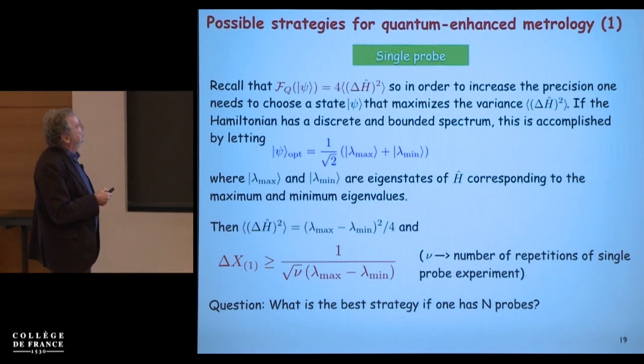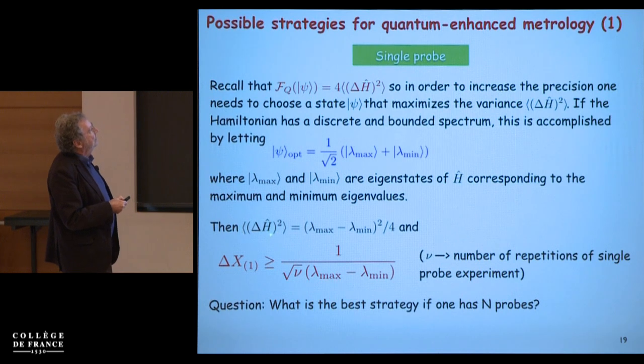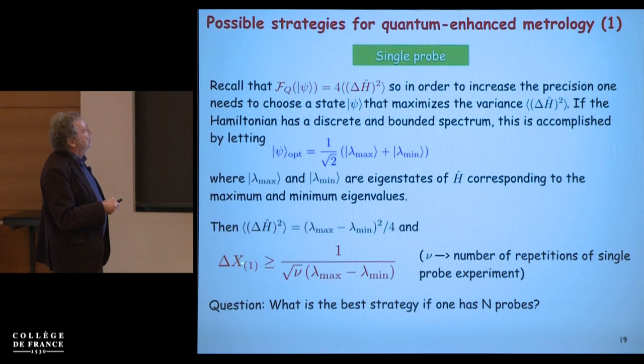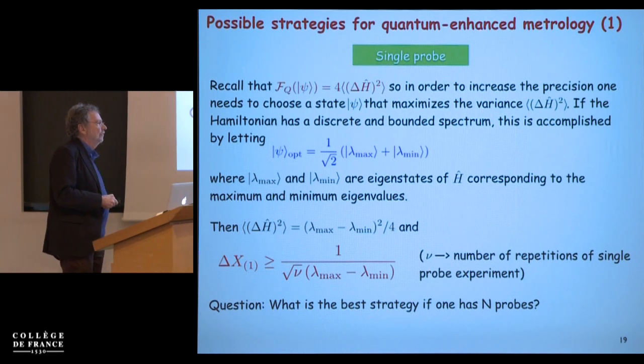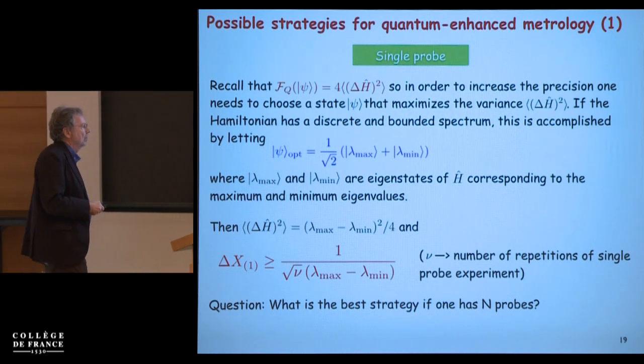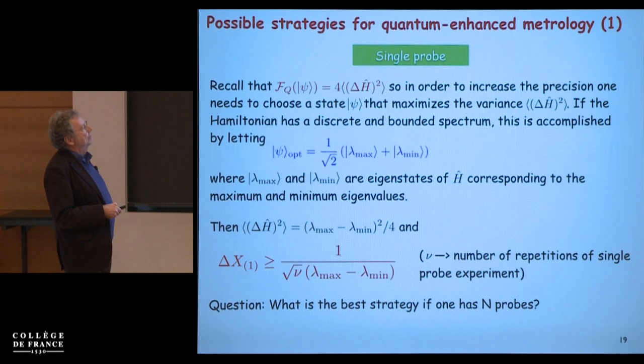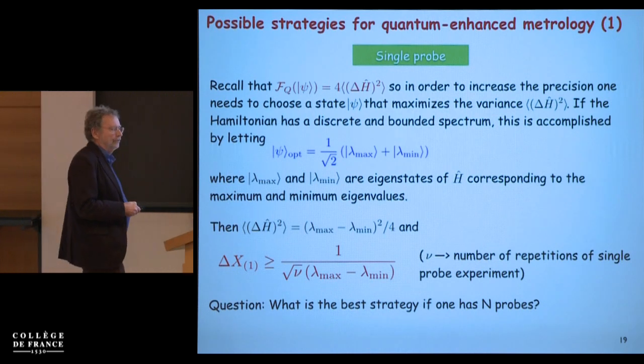If we do that, then the variance of this operator is given by this expression, and therefore the precision in the estimation of the parameter x is given by this expression according to Cramér-Rao, where ν is the number of repetitions of the experiment as before. So this is for one probe. An important question: what is the best strategy if one has n probes?